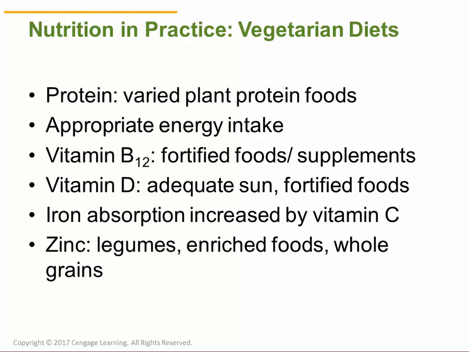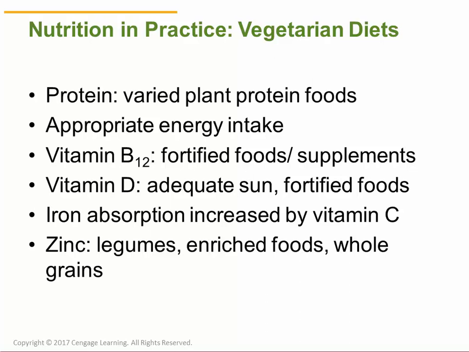B12. B12 is a B vitamin, and they can actually get this from fortified foods or supplements. Does B12 deficiency develop overnight? No. How long did they say it may take for you to show symptoms? 3 years.